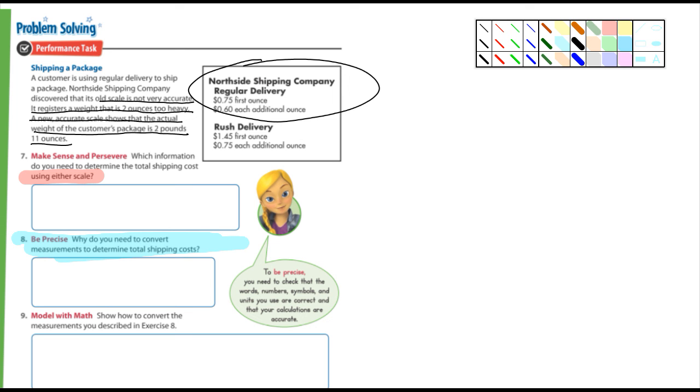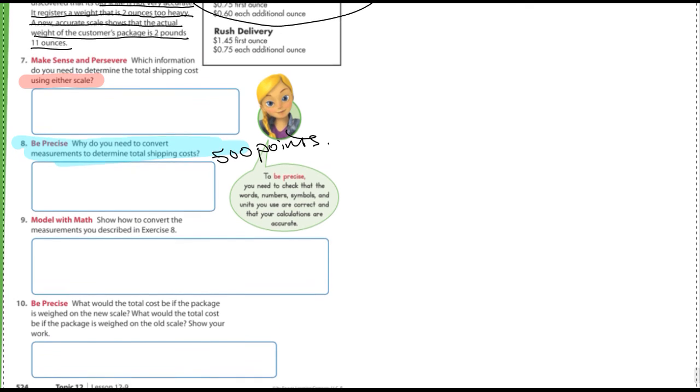You need to convert the measurements into ounces because the cost is given in ounces. 500 points. Okay. So hopefully somebody can repeat that if I ask them tomorrow. Last question. Oh, sorry, 2 more.